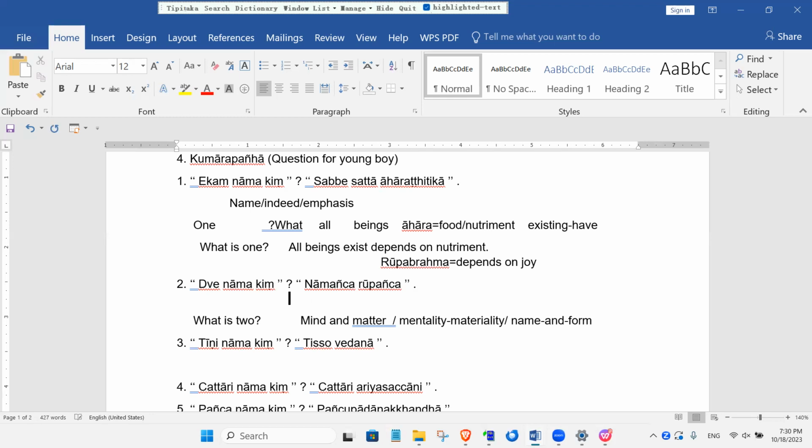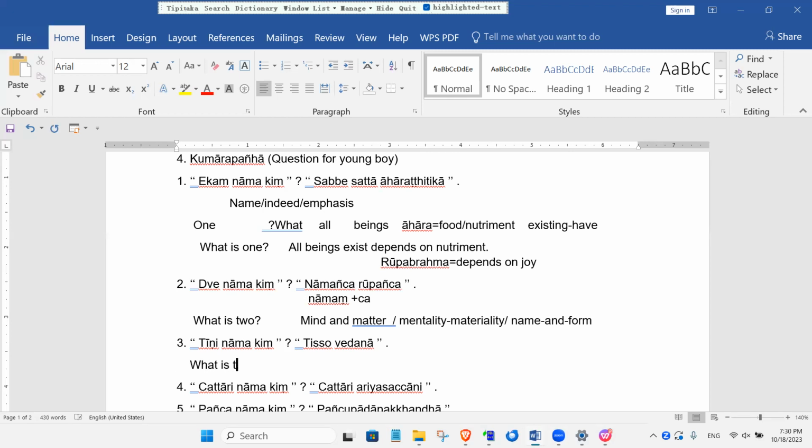All these are neuter gender. Here also neuter gender, right? Tini, nama, kim. So what is 3?